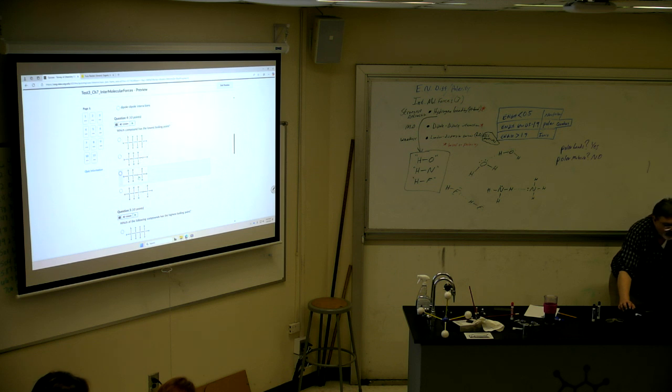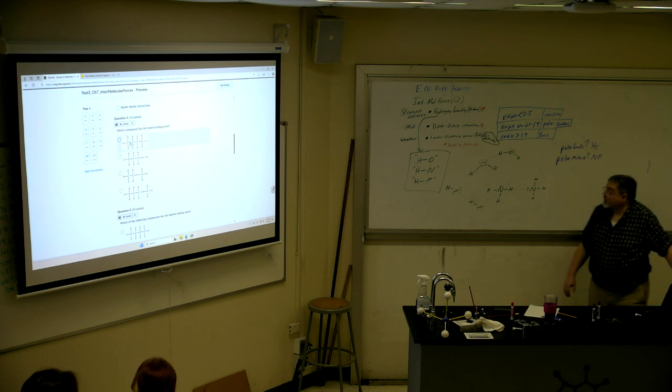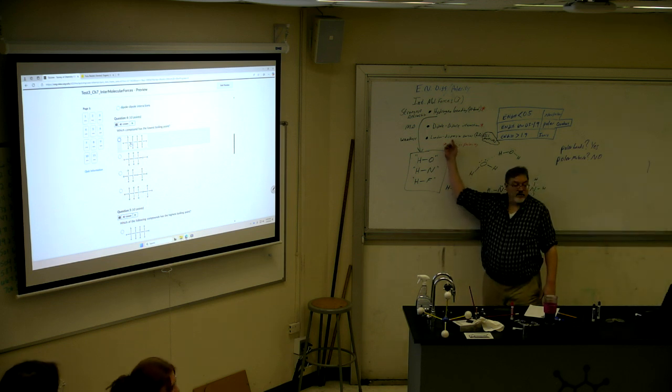If you calculated the dipole, the electronegativity difference for oxygen and carbon, you'd find out this bond and this bond are slightly polar, or maybe it's a good bit polar. So these will have attractions to each other, but they don't have the hydrogen bonding. So if I wanted to rank these four, this one's going to have the lowest boiling point because the only force it has is this very weak London dispersion force. It doesn't even have polarity anywhere.